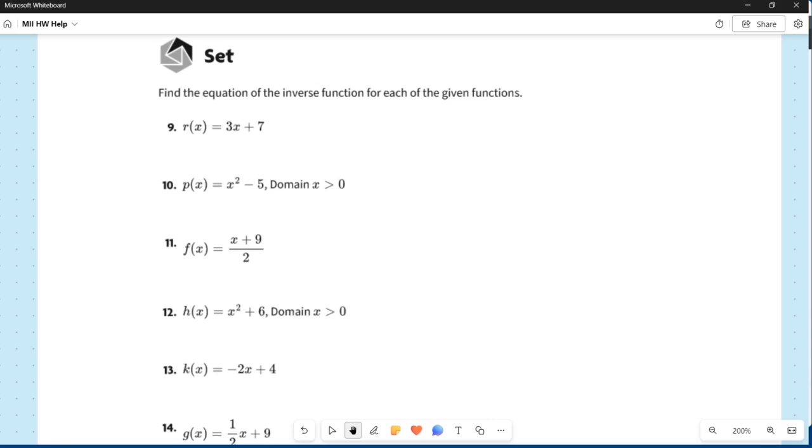I think we saw a couple different strategies for how to do this in the lesson. One of the strategies was looking at how a function is essentially built, like what's the process of building that function, and then to get the inverse of that function is to go in the opposite order, right? So, for example, in this equation, we're taking x and multiplying by 3 and then adding 7.